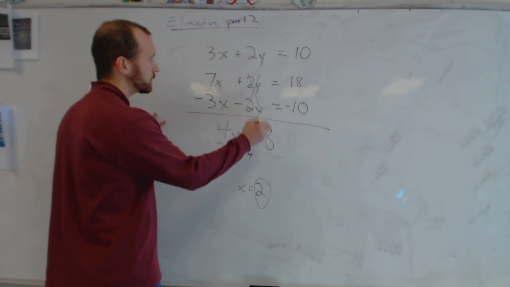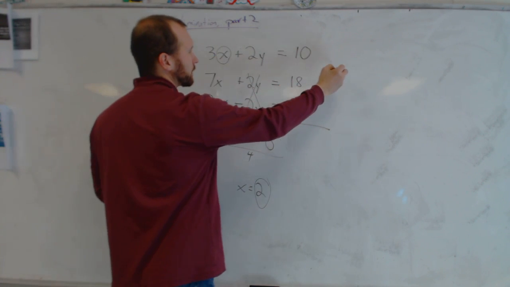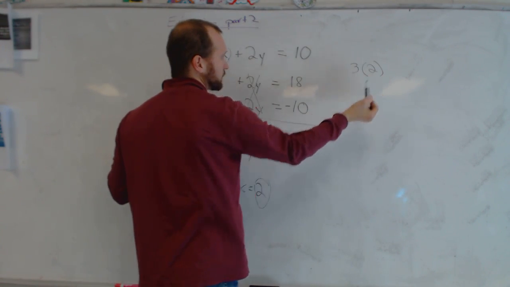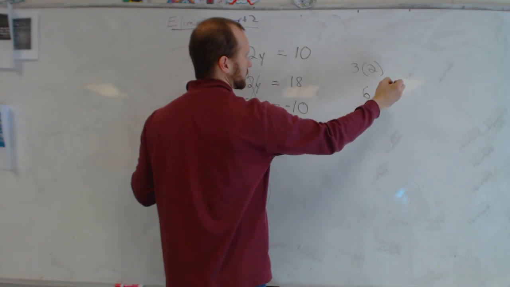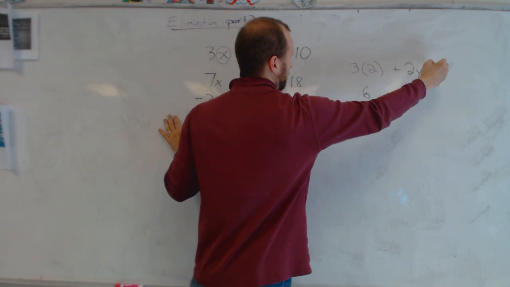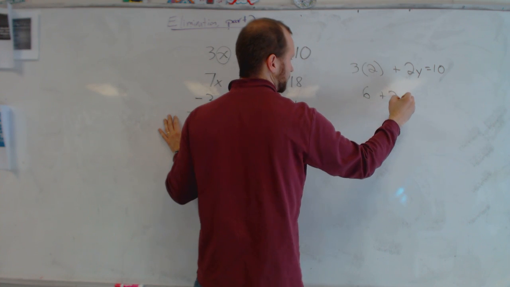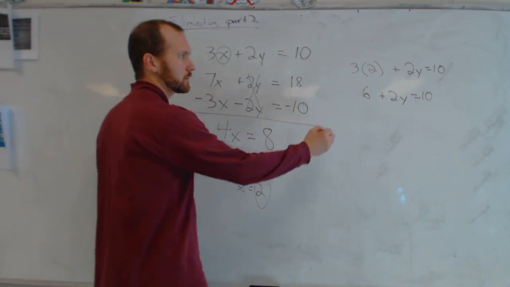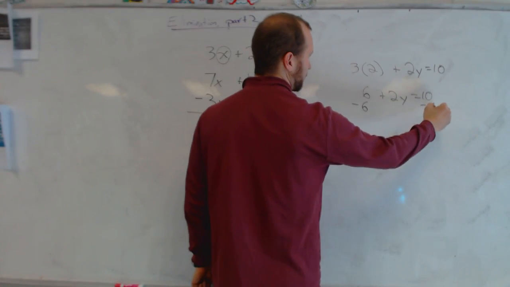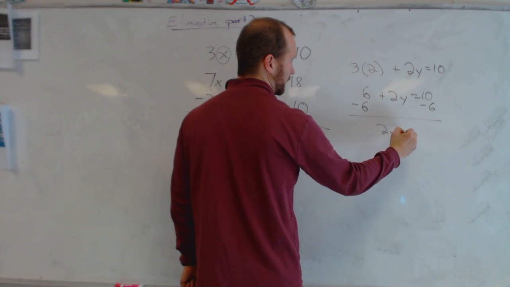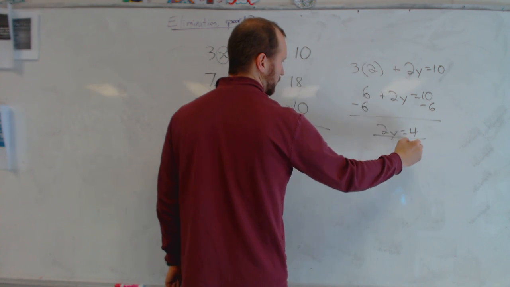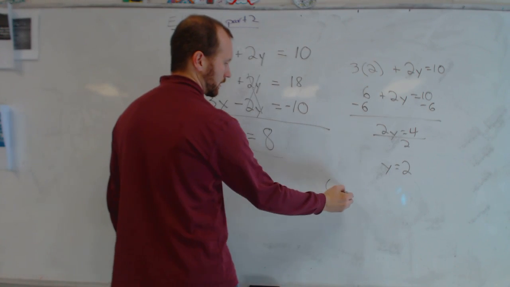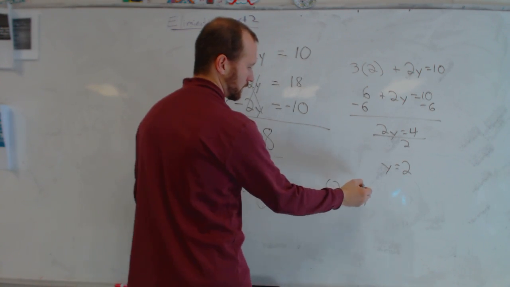If I plug in 2 for x, what do I have? 3 times 2, which is 6, plus 2y equals 10. Subtract 6. 2y equals 4. Divide by 2. y equals 2.